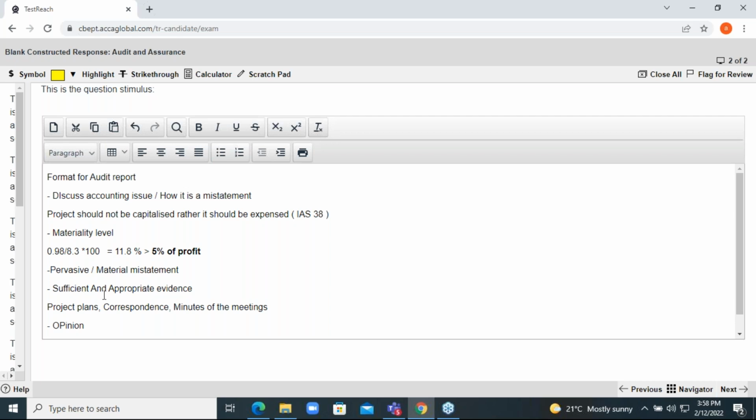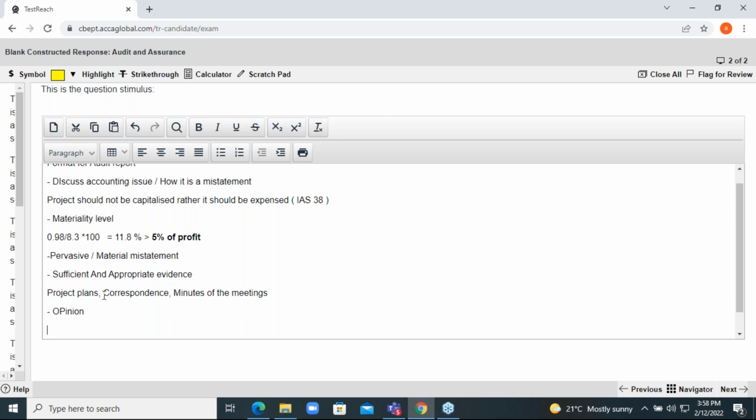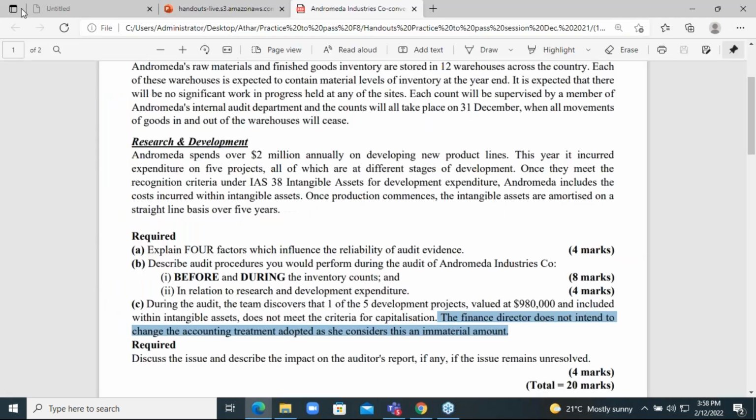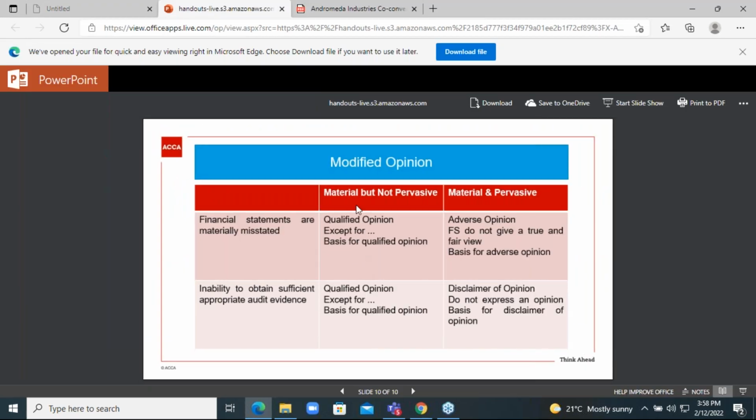So what should be our opinion? As this is a material misstatement and we have obtained sufficient appropriate evidence, we would qualify our opinion.